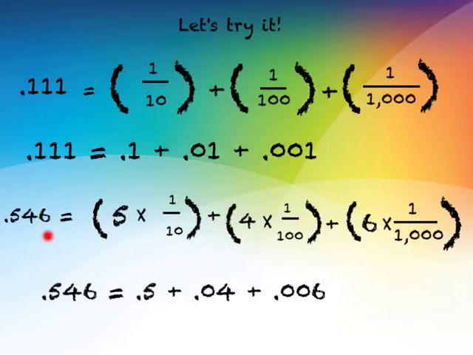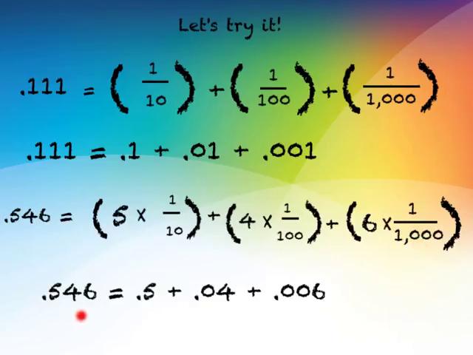Okay, so I can get 0.006 by doing 6 times 1/1000th. So the expanded form for 546 thousandths equals 5 times 1/10 plus 4 times 1/100th plus 6 times 1/1000th.